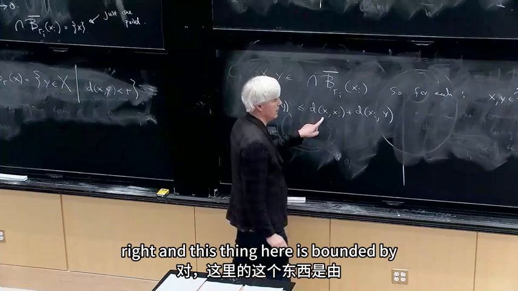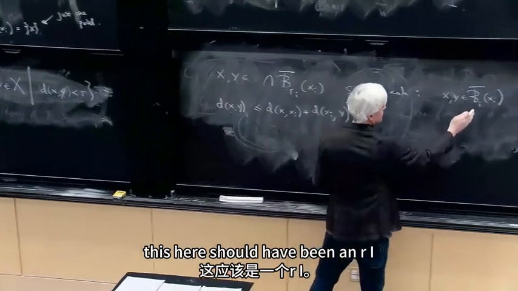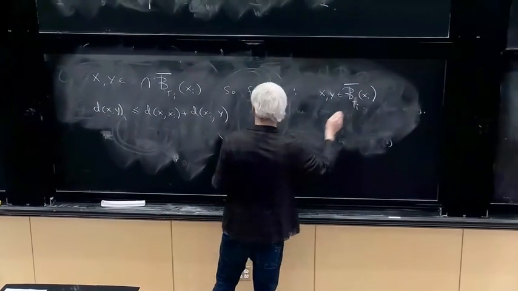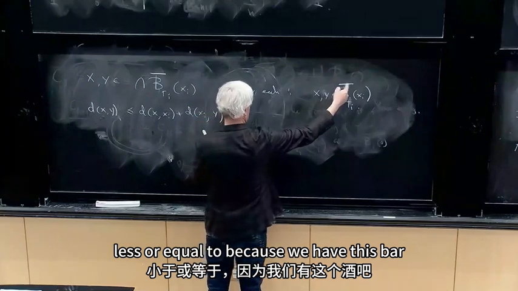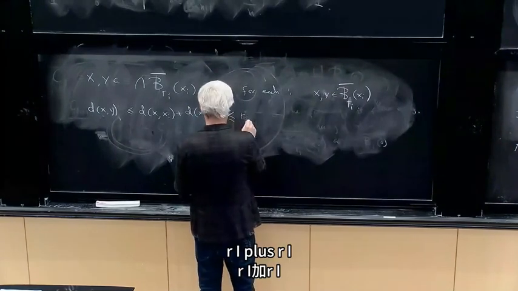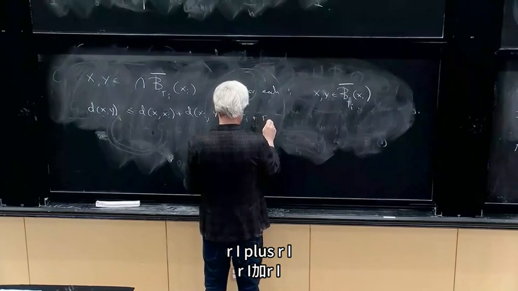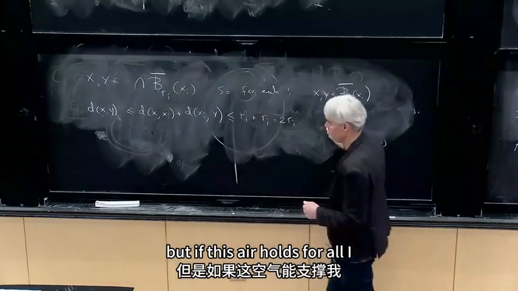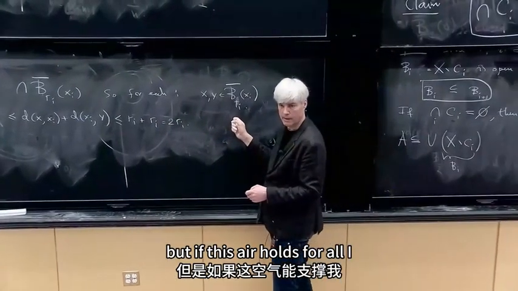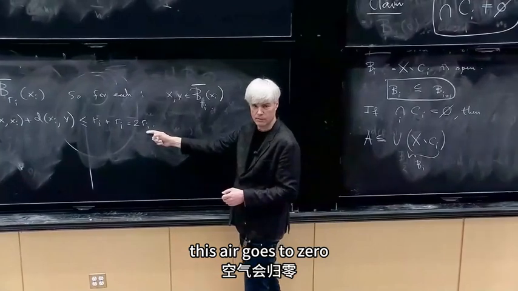Right? And this thing here is bounded by, this here should have been an Ri. This here is bounded by less or equal to, because I have this bar, Ri plus Ri, so 2 Ri. But this holds for all i. This here goes to 0.